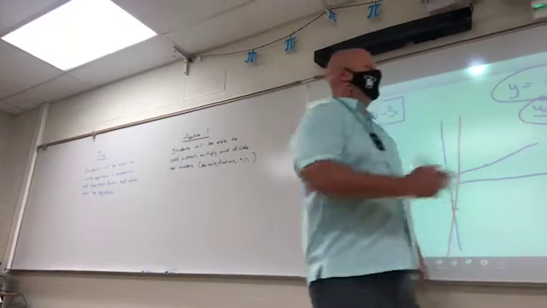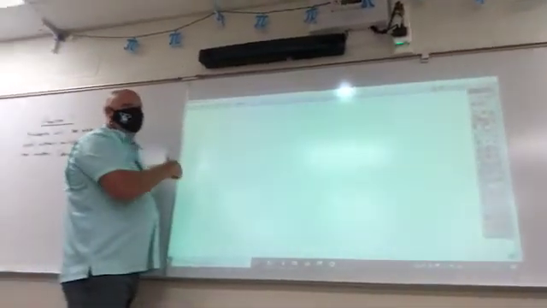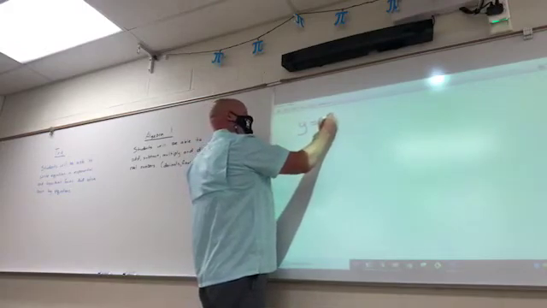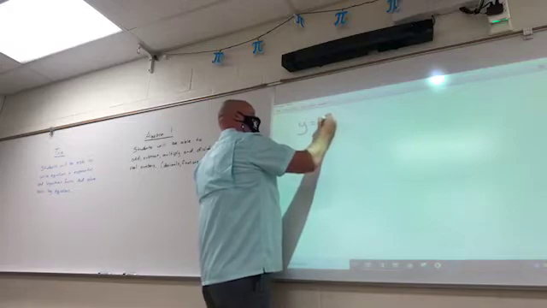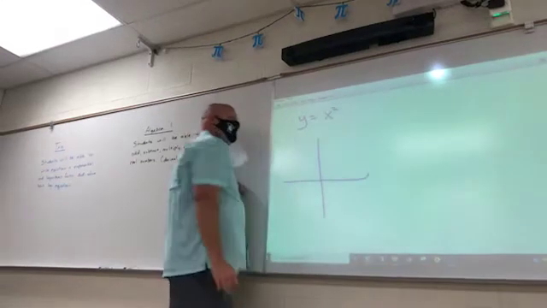Now, let me show you another example here. I'm going to come back to that one and show you what just happened. I'm going to go even easier. Let's go y equals x squared. Parabola.